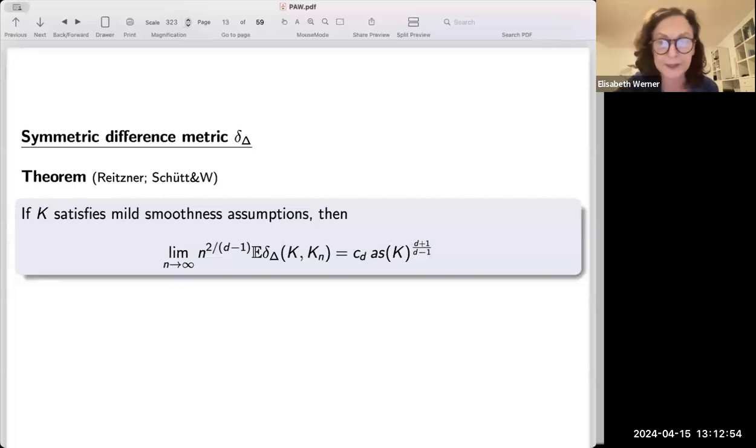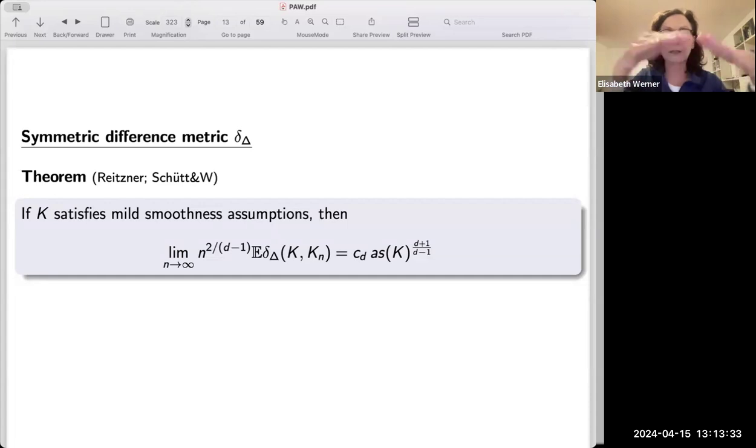So let me explain everything here. First, what do I mean by mild smoothness assumptions? They are such that we have a little r strictly bigger than 0 and a capital R finite, such that whenever we take a point x on the boundary of the convex body, the ball with radius little r fits into K and touches the boundary of K at this point x.